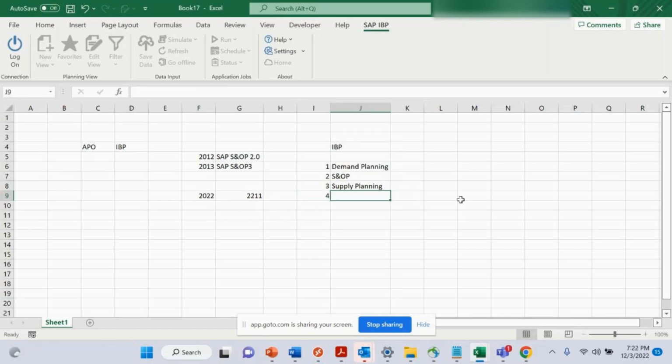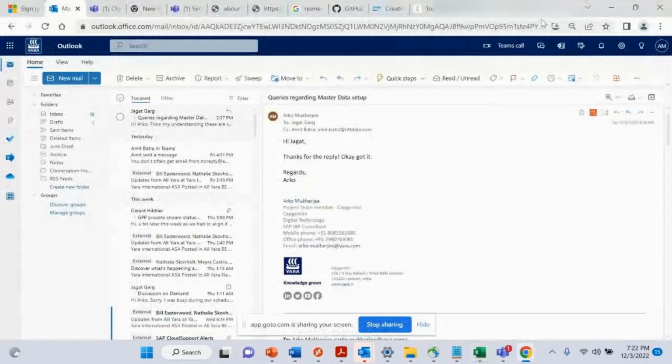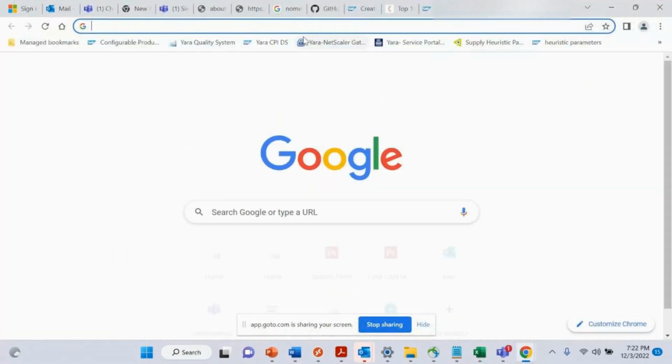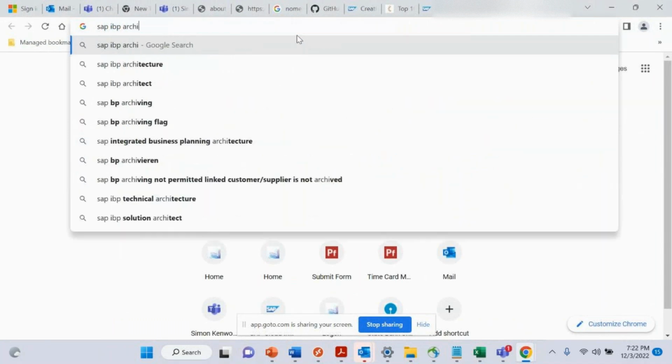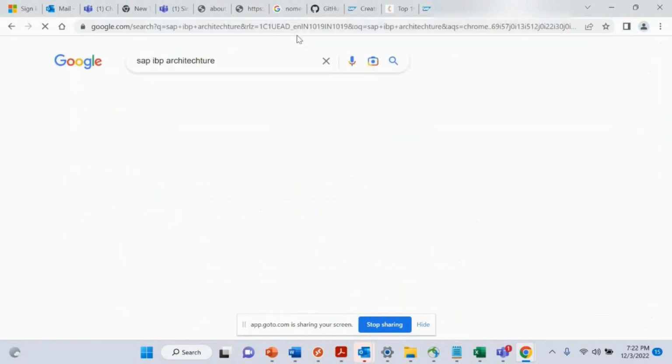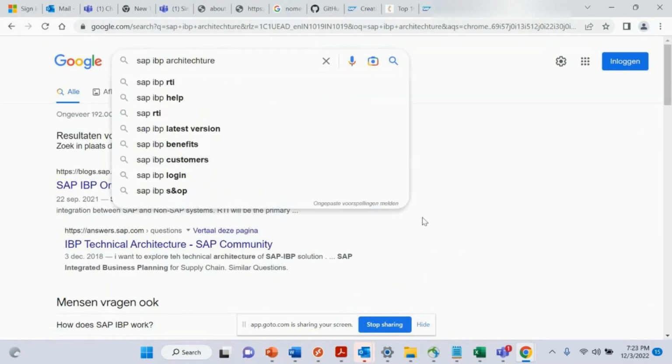We are having a very good SAP IBP architecture format. So let me take you to Google to let you know what the architecture format of that SAP IBP architecture is.